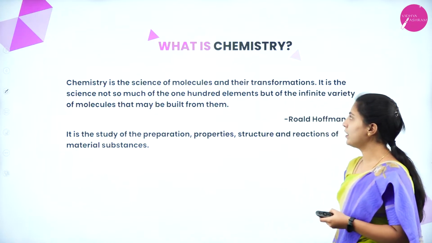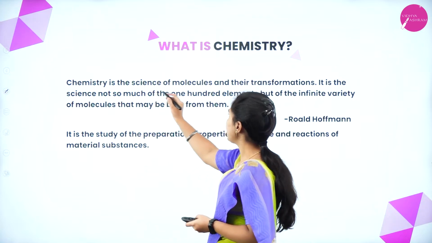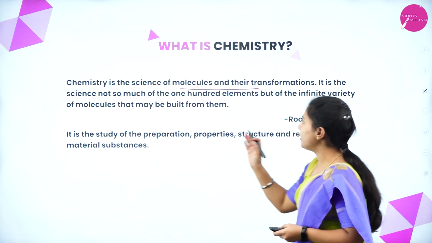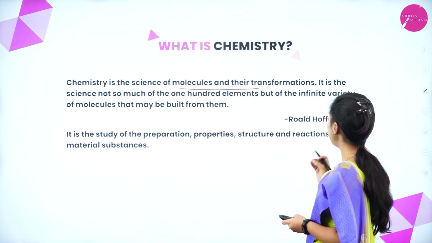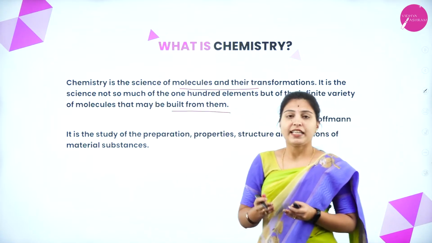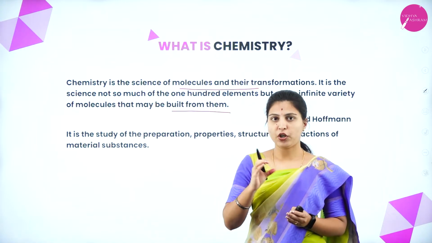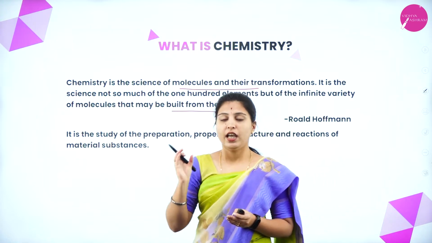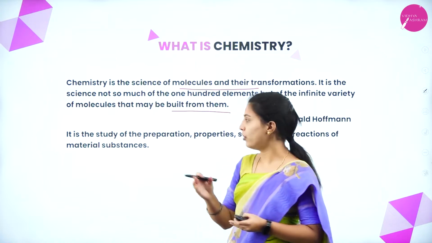So first we will see what is chemistry. According to Roald Hoffmann, chemistry is the science of molecules and their transformations. It is the science not so much of 100 elements but of the infinite variety of molecules that may be built from them. Chemistry is about atoms and molecules. There are a definite number of atoms in our periodic table, but from those atoms or elements we can synthesize an infinite number of molecules.